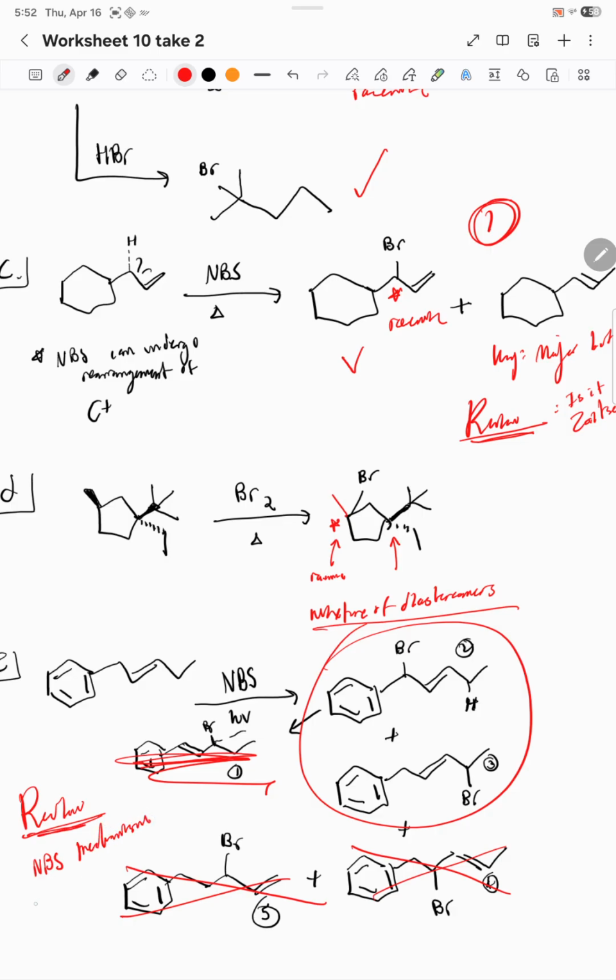And answer, this is our second question. Why not carbocation rearrangement? Or sorry, oh wait, we're not looking at carbocations. I think we're looking at only radicals. Radicals cannot undergo rearrangement.